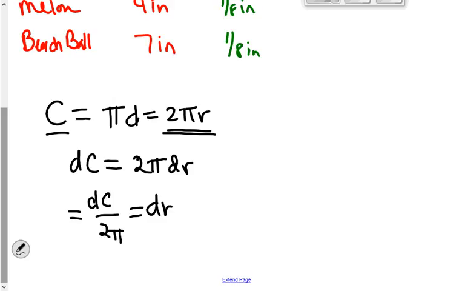And what's my value for dC? 1/8 of an inch divided by 2 pi.